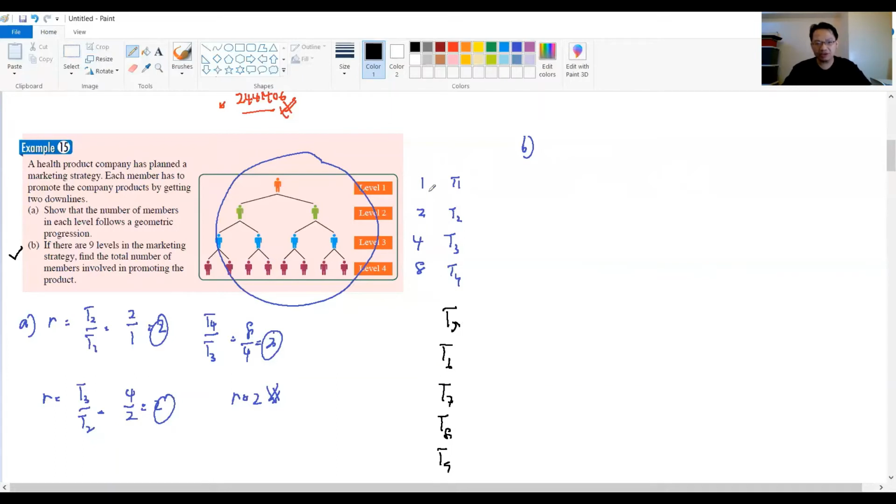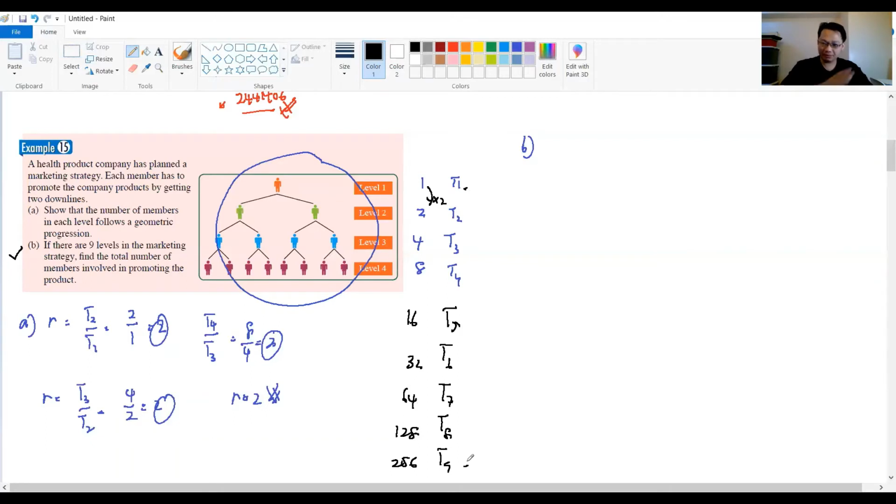We know that everything is times 2, so 8 to here will be 16, times 2 is 32, 64, times 2 is 128, and this one will be 256. You total up from T1 until T9, then see how much you get. That is the traditional way. Is that wrong? No, it's not wrong. Still get marks. Don't worry.